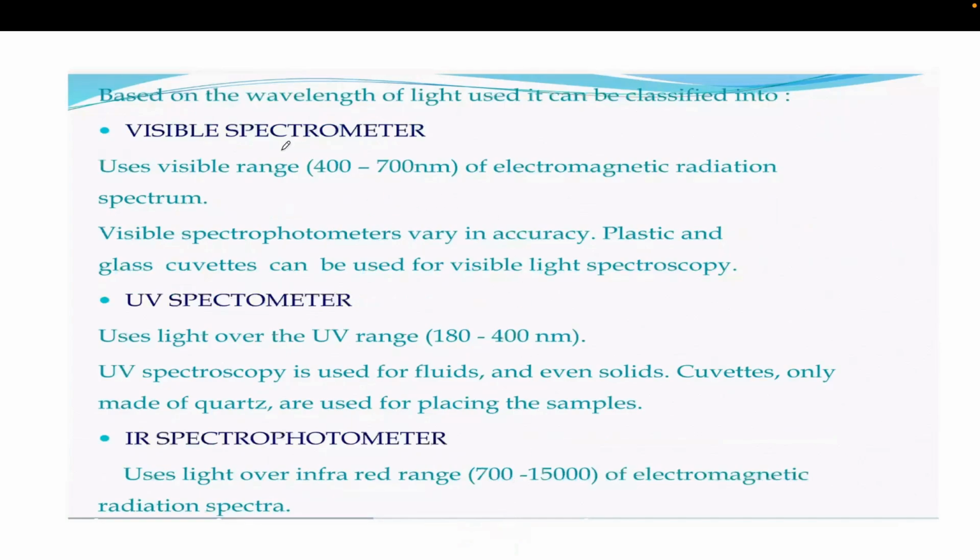Based on the wavelength of light used, it can be classified into a visible spectrophotometer, UV spectrophotometer, or IR spectrophotometer. There are three kinds of spectrophotometer based on their light absorption property at a particular wavelength. The visible spectrophotometer uses the visible range of light, that is 400 to 700 nanometer of the electromagnetic radiation spectrum.